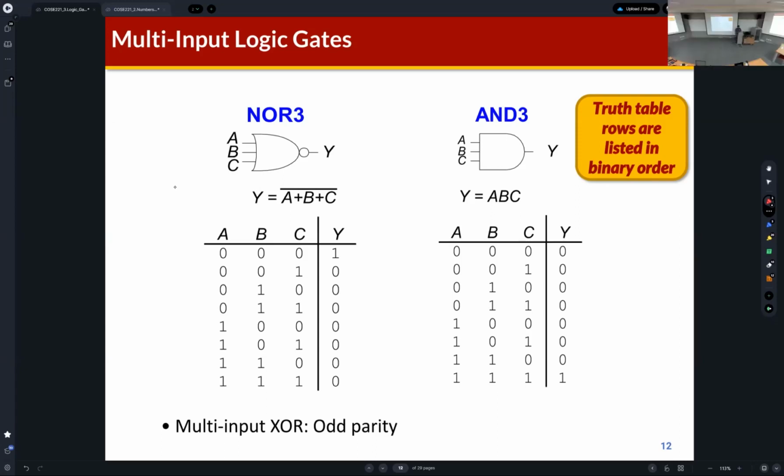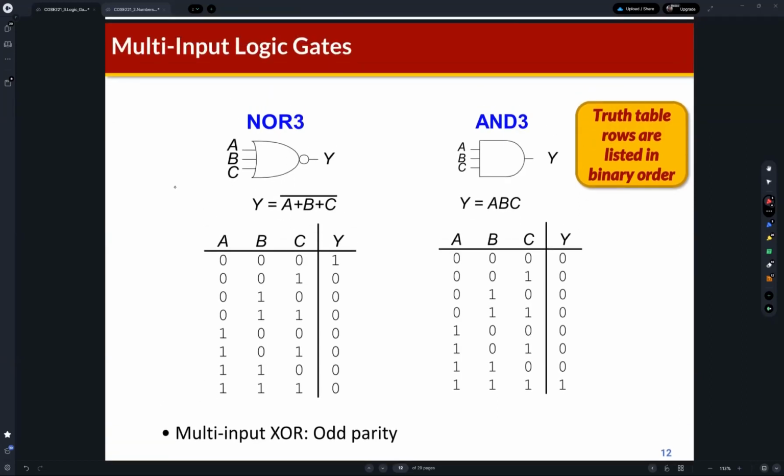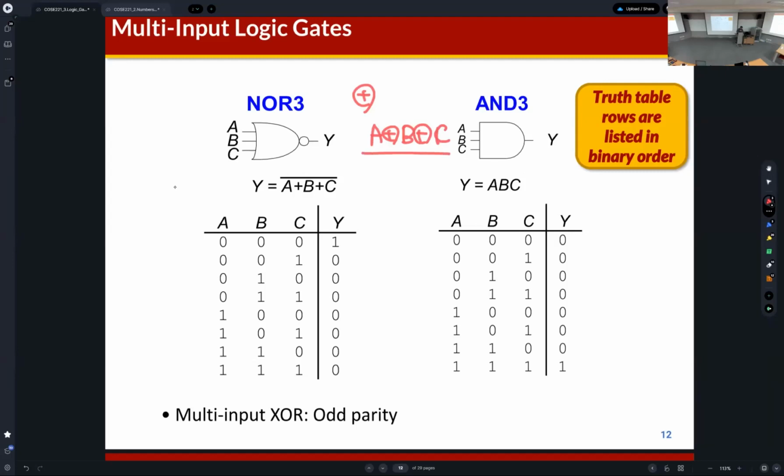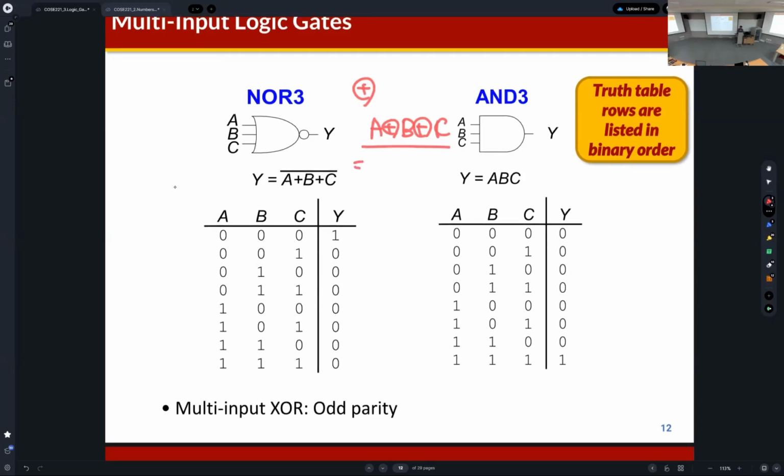Yeah, it's a very good question. He asked about the multi-input exclusive OR. It's the same. We can write the multi-input exclusive OR like this: A exclusive OR B exclusive OR C. And like in normal mathematics, we can rewrite this equation.